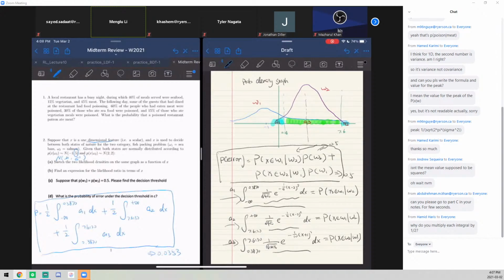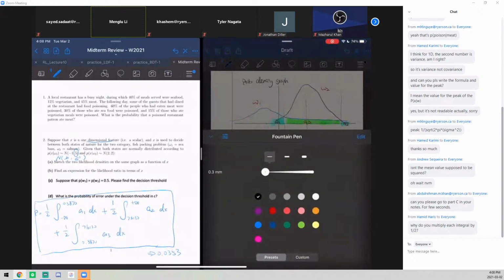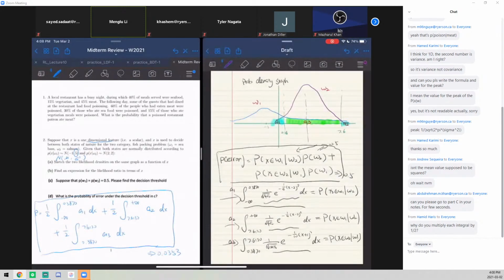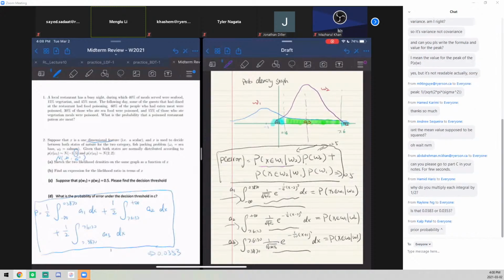Sure, and I just answered the last question first. Why do I multiply each integral by 1/2? Because in this equation, I said it's likelihood multiplied by the prior. So the prior probability is 1/2.